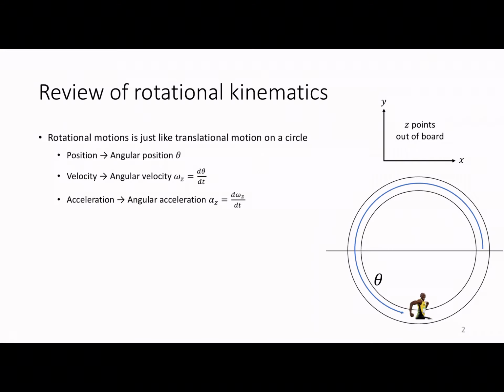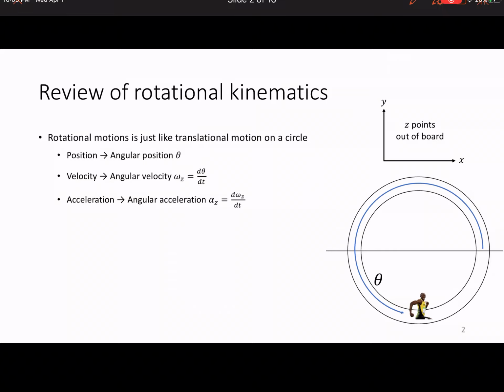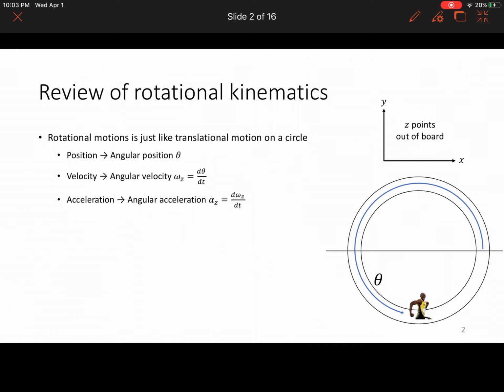So, a quick reminder of what we learned in lecture 19. Rotational kinematics is basically very similar to translational kinematics. Old school kinematics describes position, velocity, and acceleration. When we go to rotational motion, we describe the angular position by the coordinate theta, which tells you how far you've gone around the circle.